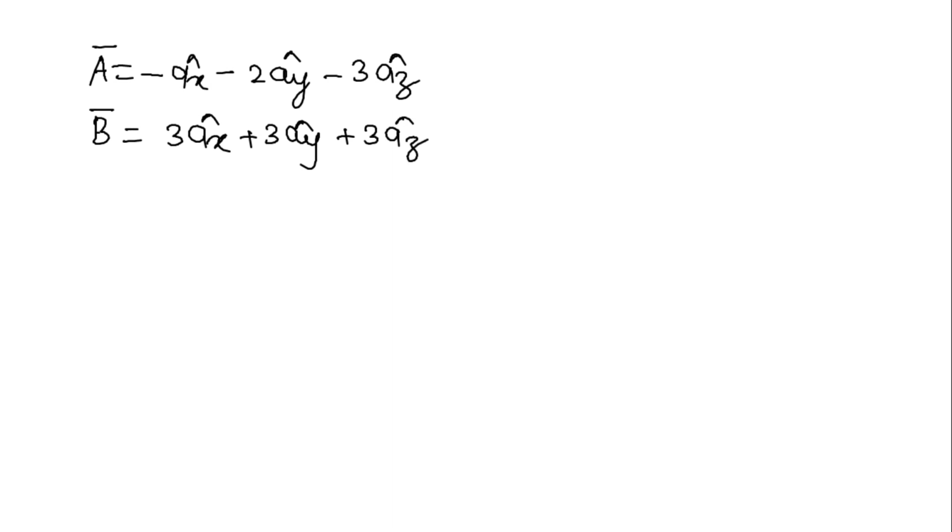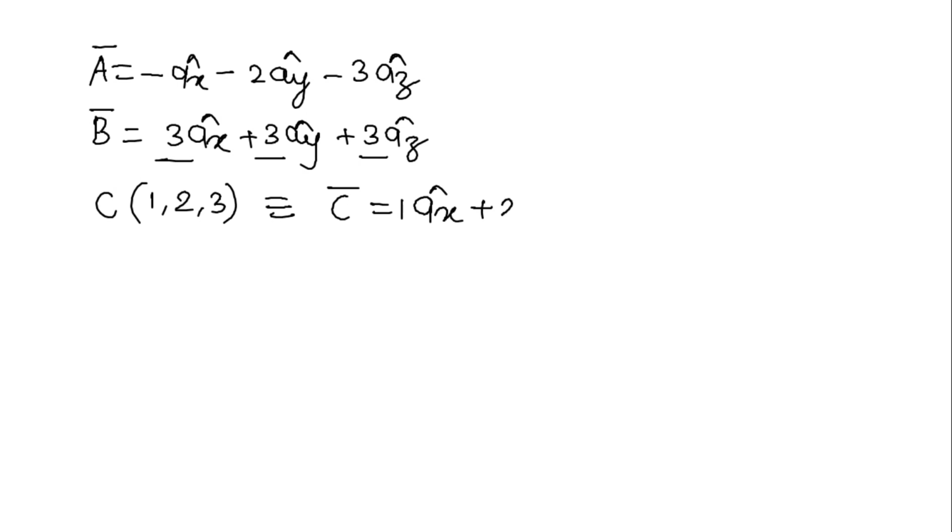Small ax, ay, az are the unit vectors, whereas the accompanying numbers are the coefficients. And point C is mentioned to be (1, 2, 3). So this implies the vector representation of C as 1 times ax cap plus 2 times ay cap plus 3 times az cap. So this is the given data.